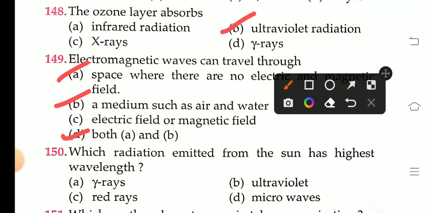Next, which radiation emitted from the sun has highest wavelength? Right answer option D, microwaves.